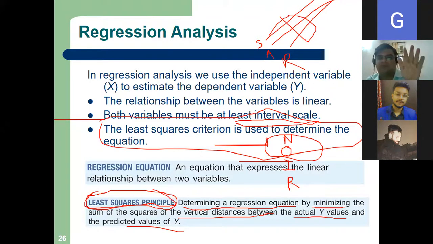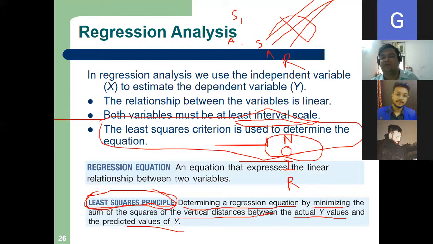First we take Saman's line. I calculate the actual y, predicted y, square it up, sum it up, and suppose this is the sum for Saman, S1. Sum of all the squares. This is A, Abhishek's sum of square of the distance.